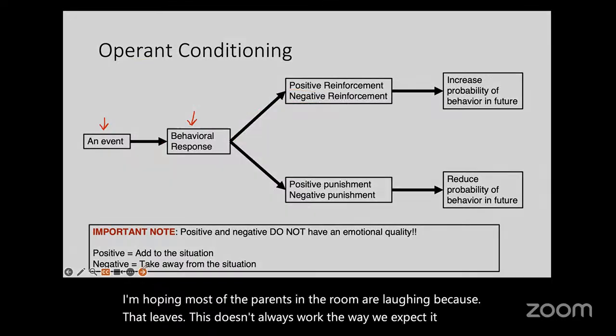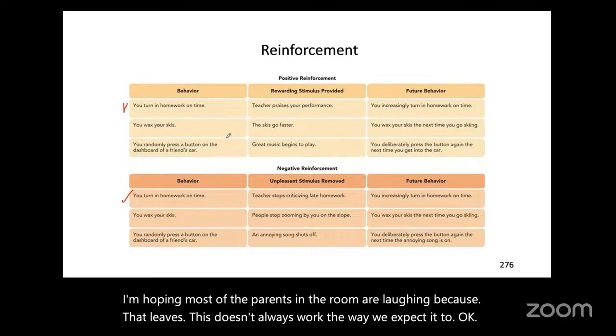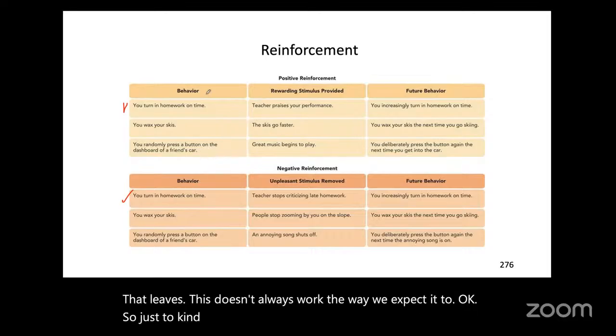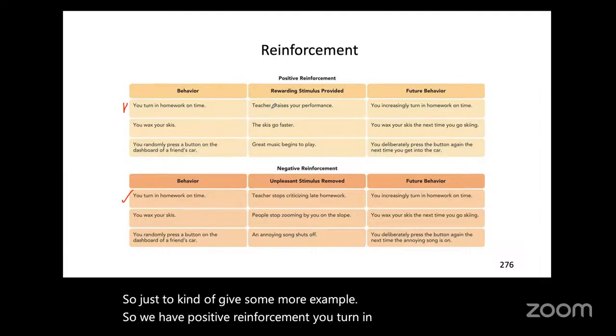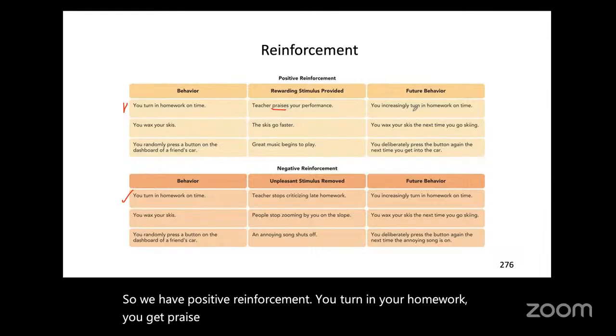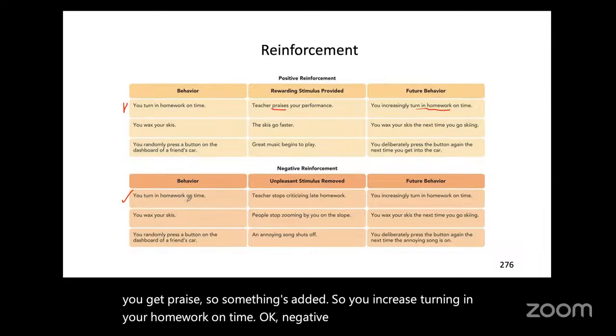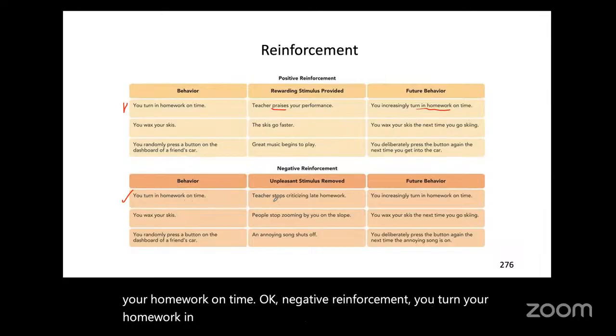Okay, so just to kind of give some more examples, so we have positive reinforcement. You turn in your homework, you get praise, so something's added, so you increase turning in your homework on time. Okay. Negative reinforcement, you turn your homework in on time, the teacher stops criticizing you for your late work.